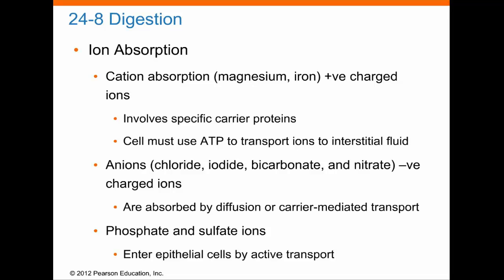Phosphate and sulfate ions enter the epithelial cells by active transport. So you can see, depending upon the ion, how they move in and out of the cell membrane, whether they can move down the concentration gradient passively, or whether they require ATP to be moved actively into the cell.